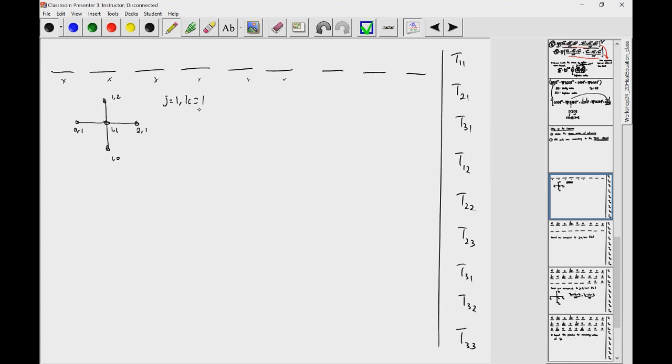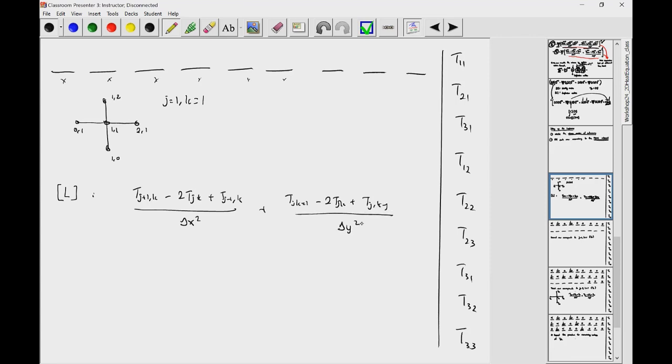Now, what I haven't mentioned is what the Laplacian actually is. The Laplacian is the coefficients in front of your unknown temperature within your spatial derivative. So in your Laplacian, you have T(j+1,k) minus 2T(j,k) plus T(j-1,k), over delta x squared, and then T(j,k+1) minus 2T(j,k) plus T(j,k-1), over delta y squared.